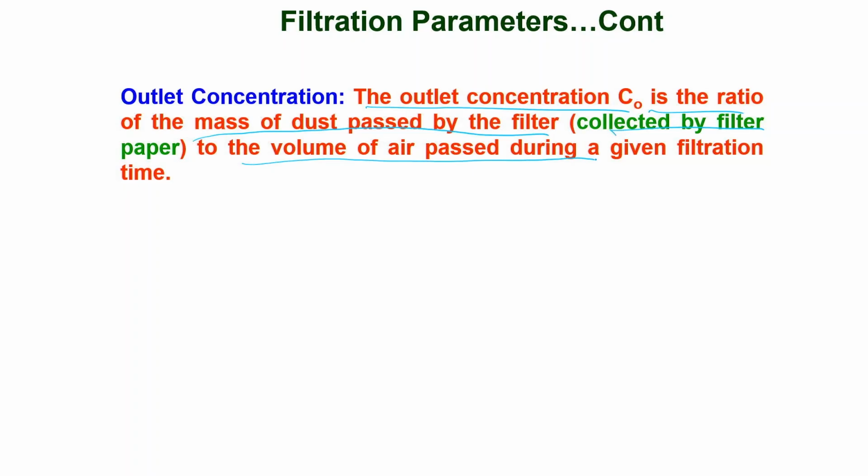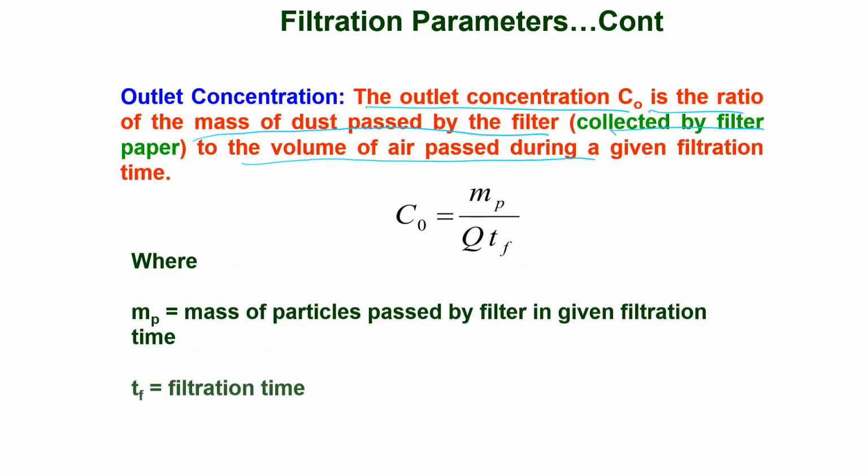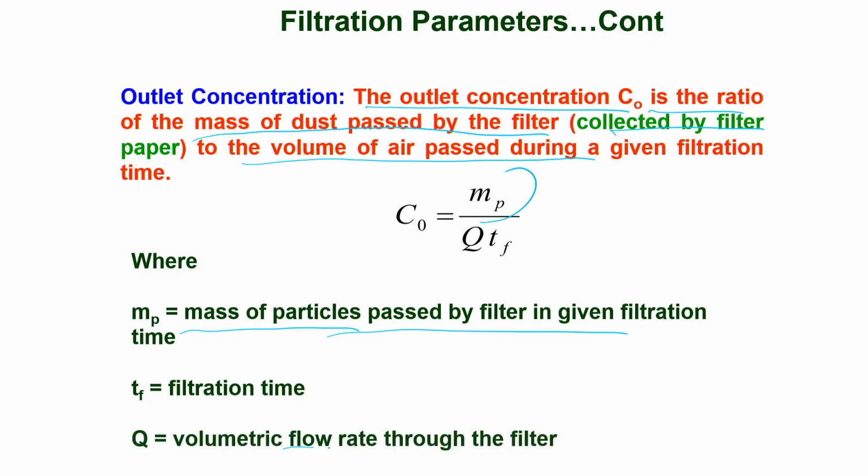So, we can calculate how much dust is coming out. This is the relationship: MP is the mass of the particles passed by the filter medium and collected by the filter paper, T is the time, and Q is the volumetric air flow rate.